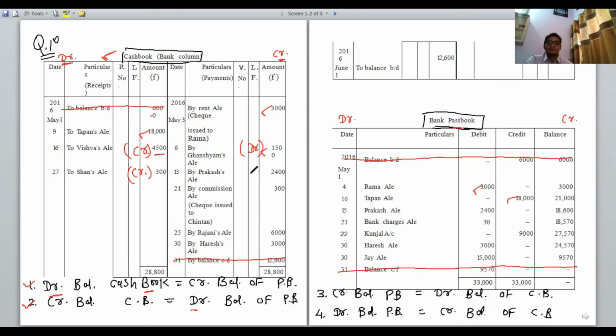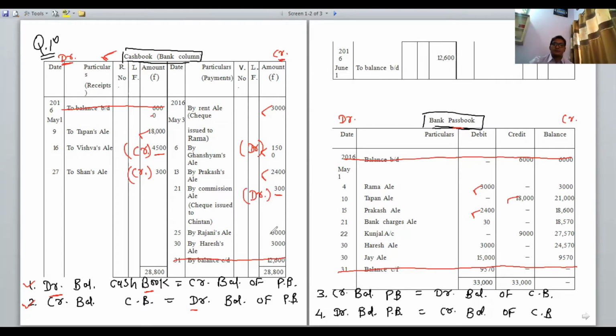Then Prakash: the credit side of cash book tallies with the debit side of passbook. Then commission: here it is a credit entry, but there is no debit entry for commission, so in the BRS we put 300 on the debit side.